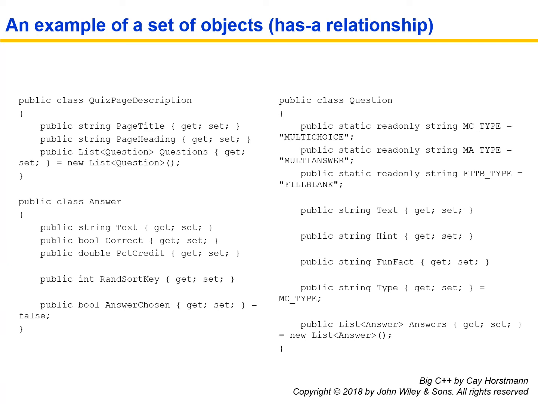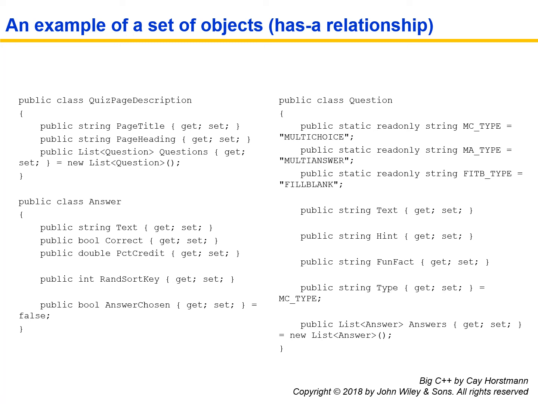Here is an example of a set of objects. This is in C# instead of C++, but this is an example of objects that I made for a quiz program I wrote. The quiz page itself has a page title and a page heading, and then it has a list of questions.